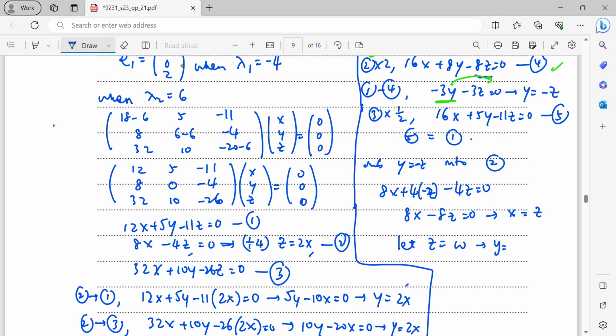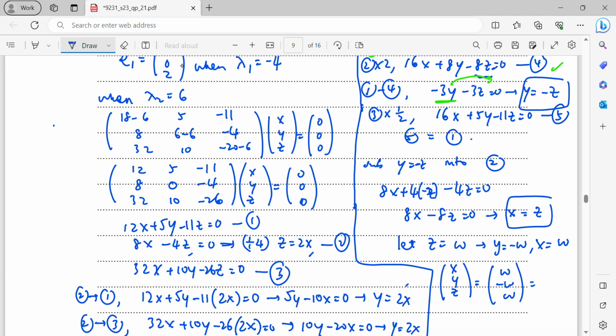Therefore, my y will be negative w, my x will be w. Right? Because of this. Okay, so now my solution will be w, negative w, w, which is 1, negative 1, 1 for my eigenvector.